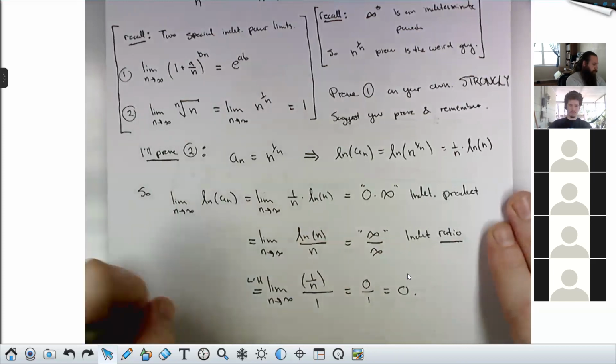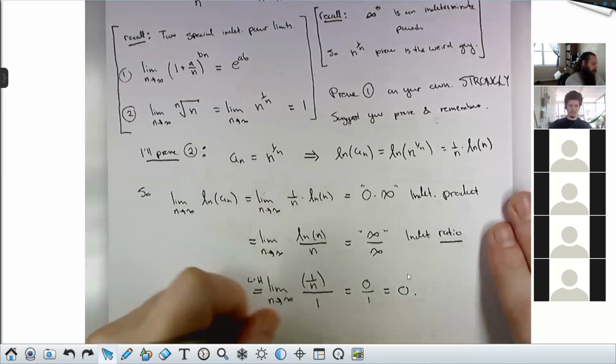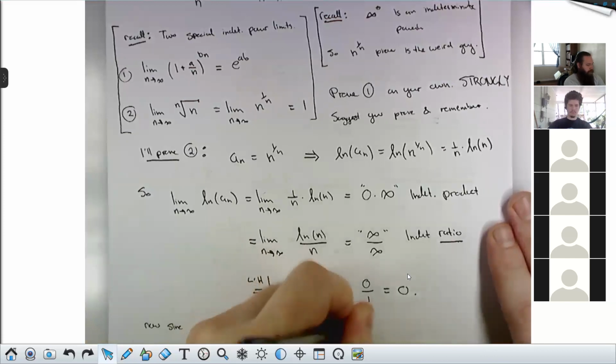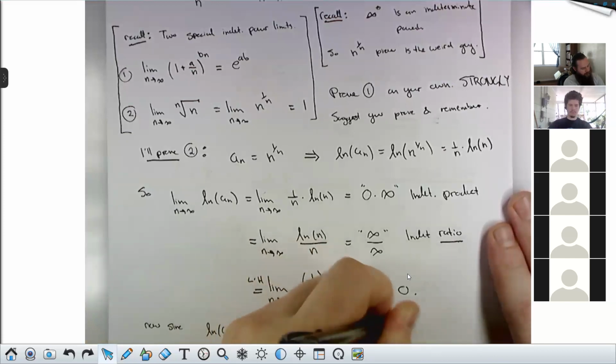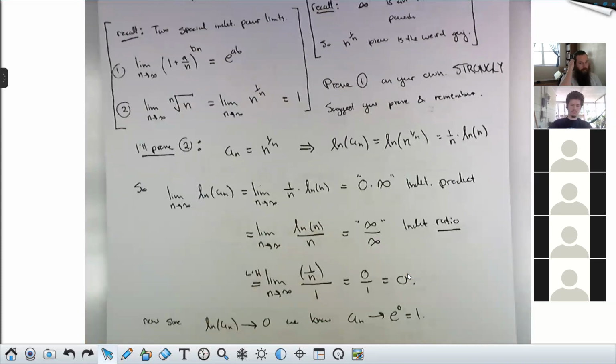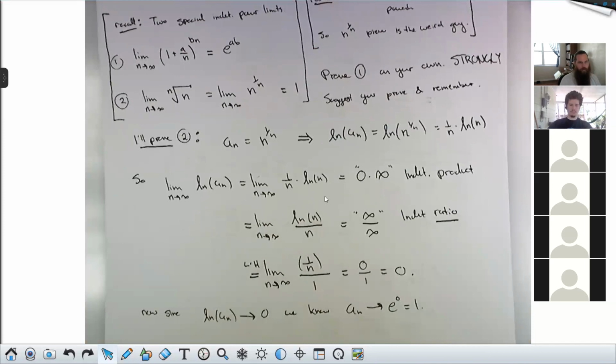Now, since the ln of a_n goes to 0, we know a_n itself goes to e to the 0, which is 1. So the limit as n goes to infinity of the nth root of n is 1.